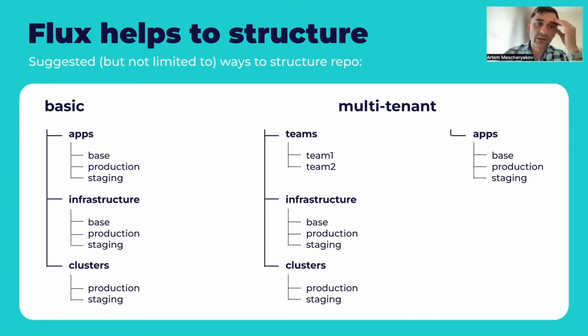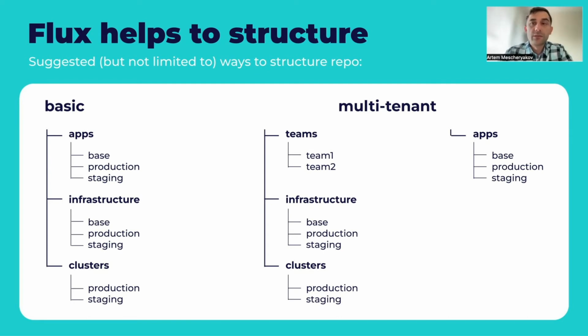Let's talk about the structure: how we can put what we have onto our repositories. Flux documentation suggests basic structures to start from. The most common approach is to store applications, infrastructure components, and clusters all in separate groups.